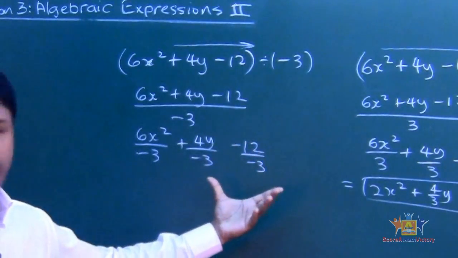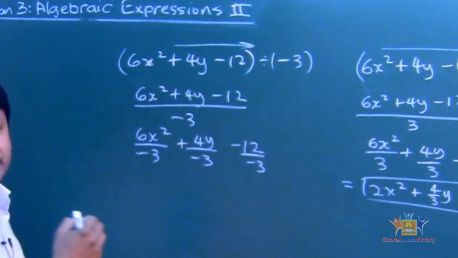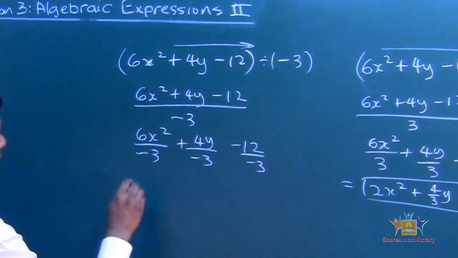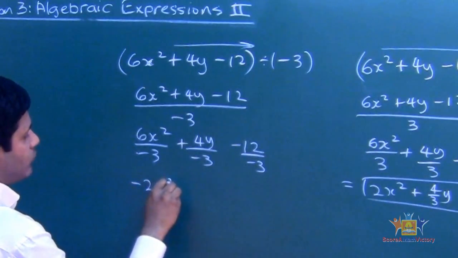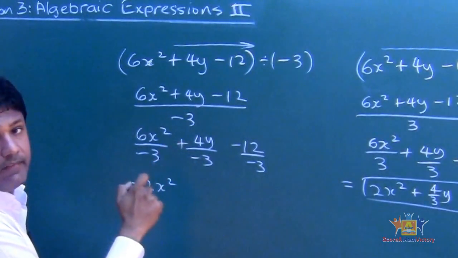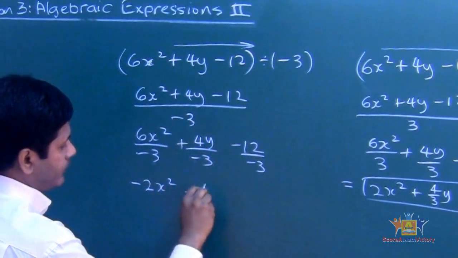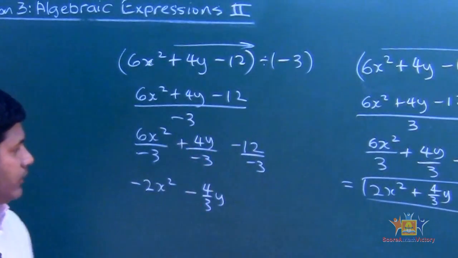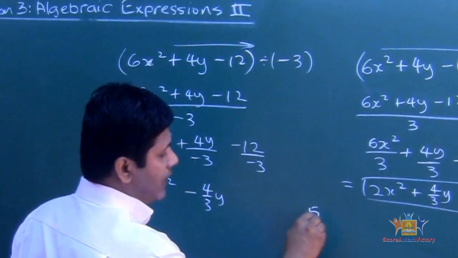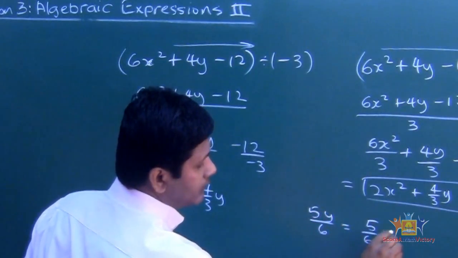Do that first. Alright, now decide positive and negative. When you divide positive by a negative, it's negative. So it becomes negative. 6 divided by 3 is 2, so 2x squared. Positive and negative is negative. Always bring it up. 4 over 3 y. See that? You can express that like this. Okay, so when you have, let's say, 5y over 6, you can rewrite it like this.